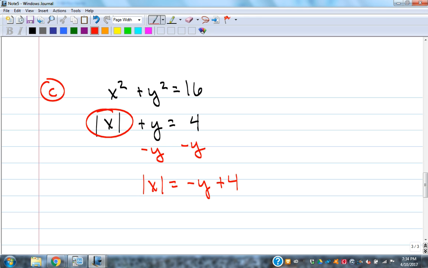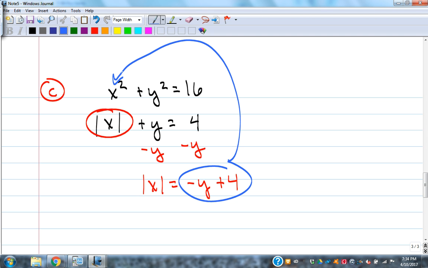What's absolute value always give you? Positive answers. What's x squared always give you? So those are very similar things, right? Not exactly equal, but very similar. I could take this and substitute it back in for x there, and get a problem that only has y's in it now.